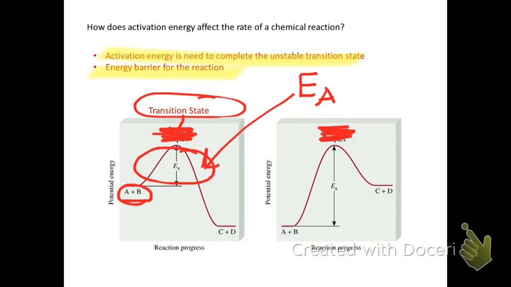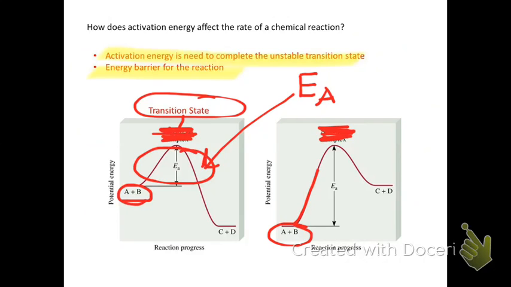Every reaction has an energy barrier, or a certain amount of energy needed to get to that transition state in a reaction. And so you can look at these two reactions and they're a little bit different. In the first one, the energy barrier or the activation energy needed is small. But look at the other reaction here.